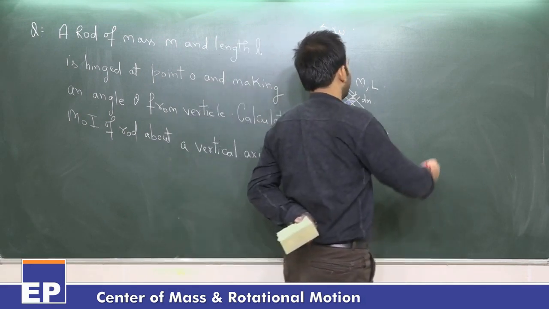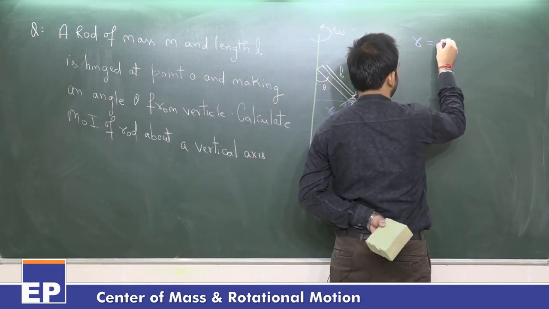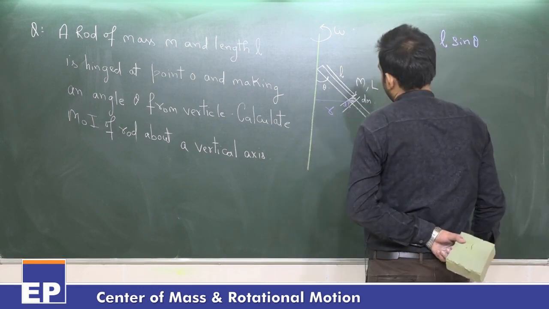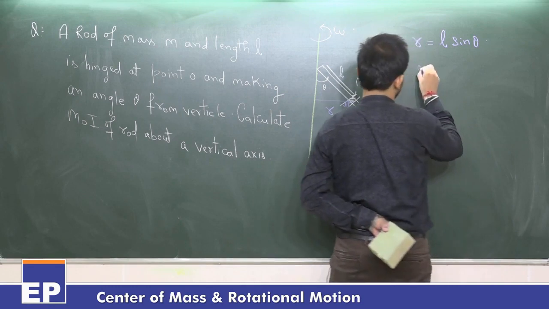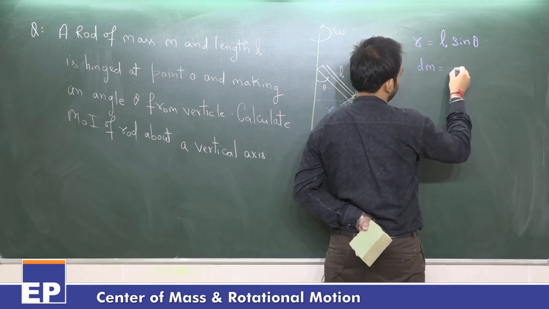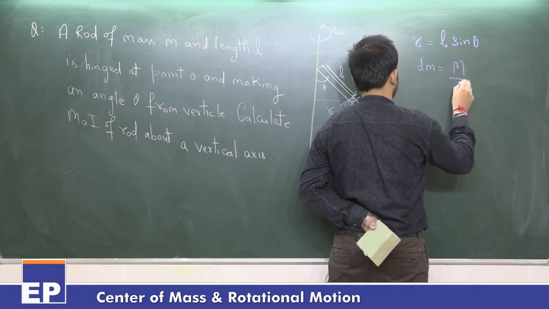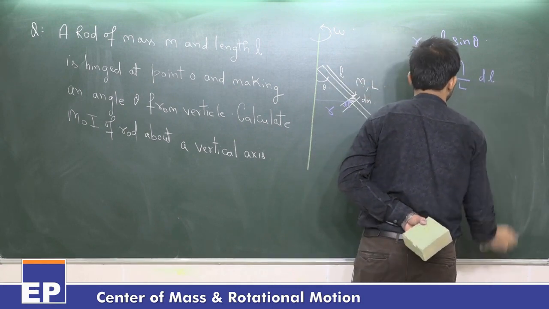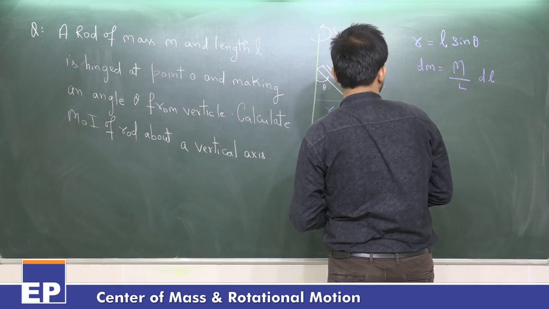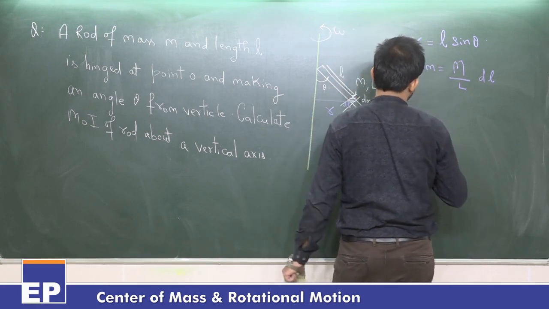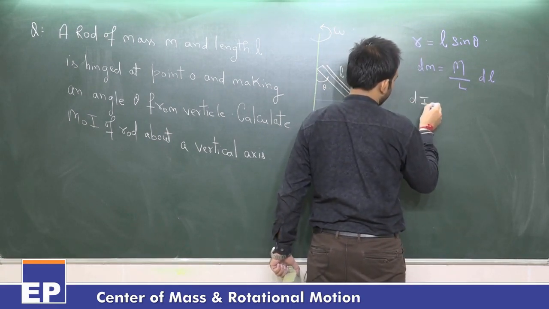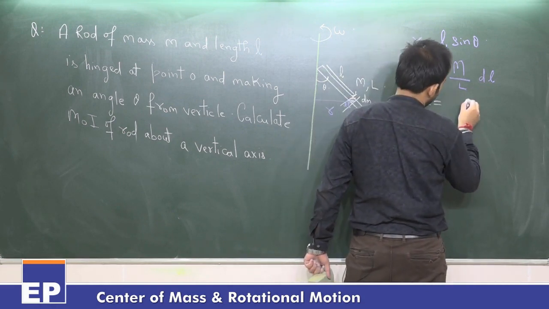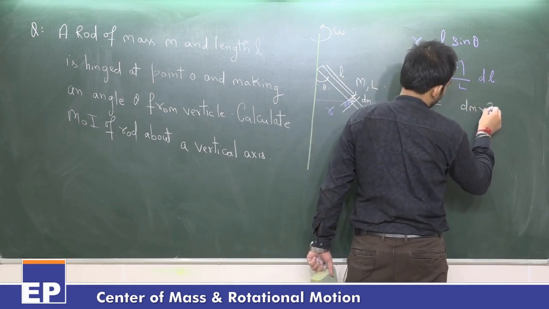So first of all, you can write r is equal to l sin theta. Now what is dm? dm is m by L into length dl. Now what is dI, the moment of inertia of this dm about that axis? About that axis it will become dm into distance r square.